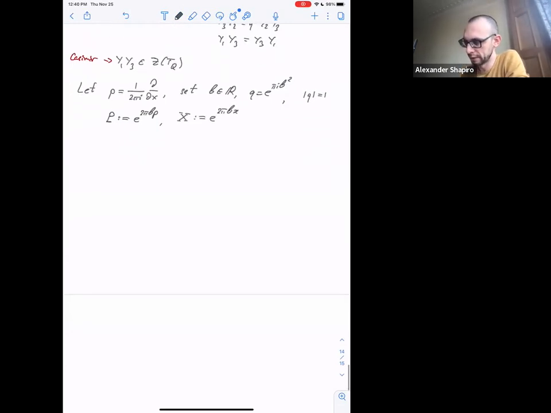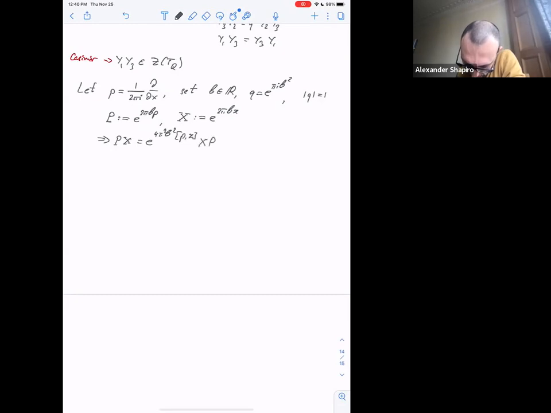So then what we see is that if you try to commute one operator through the other, you get, just by the Baker-Campbell-Hausdorff formula, you should take a commutator of these parts. So this becomes 4 pi squared b squared times the commutator of p and x.